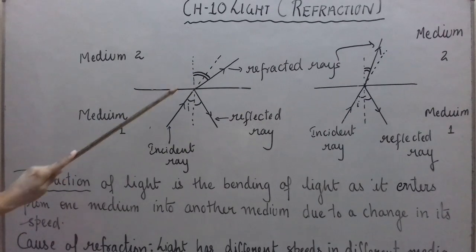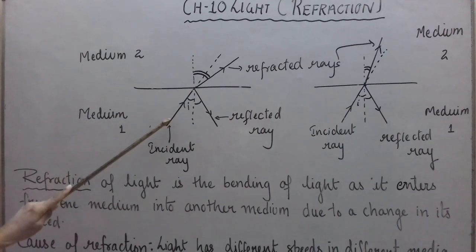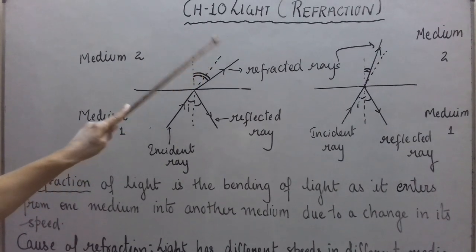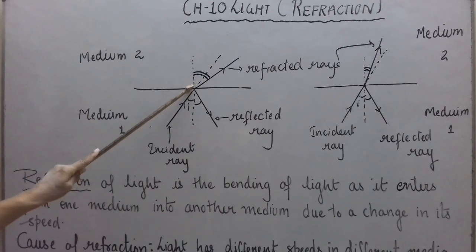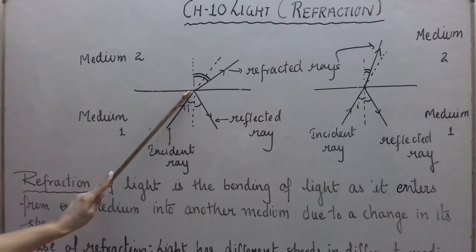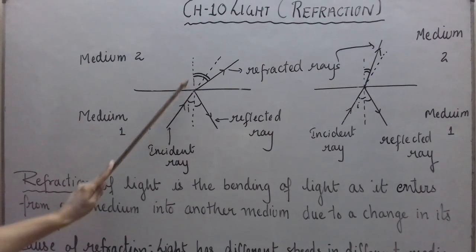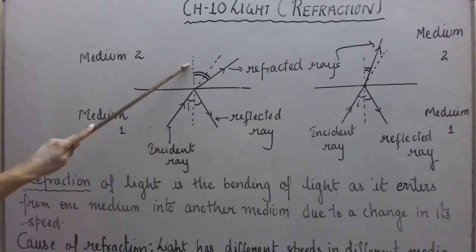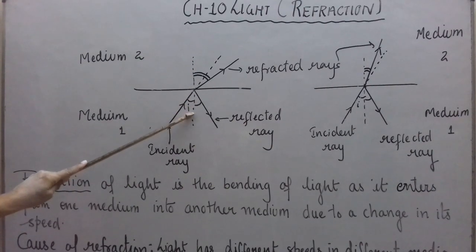If it had been the same medium 1, then the light would have travelled along this dotted path. Okay, but now as the medium is changed, the direction is changed. Let us assume in this case the direction is changed this way. And if you remember, this dotted line is our normal.